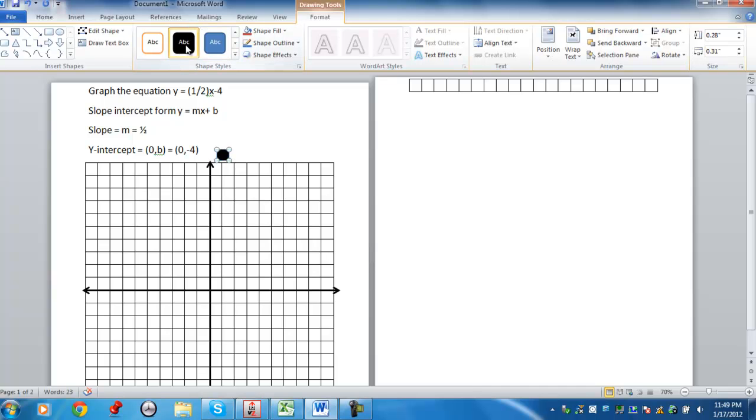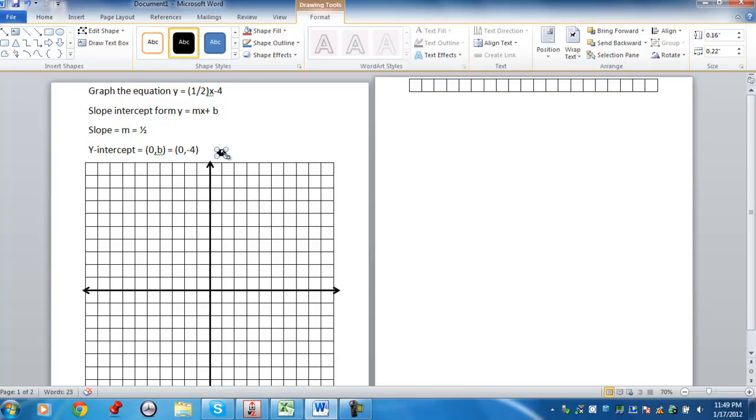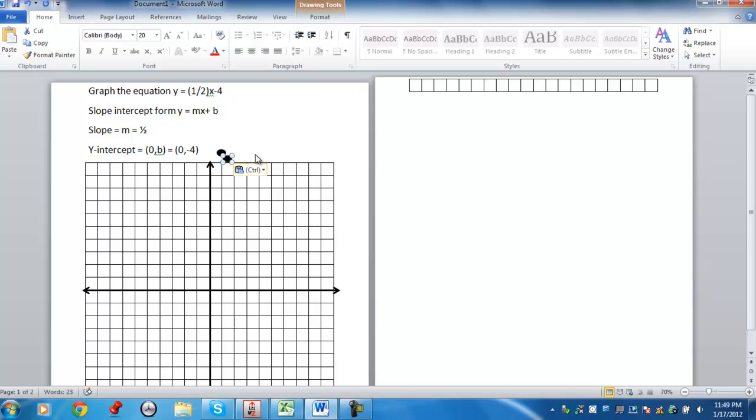Again, I would click on the black button there and make it a traditional color. You can adjust the size to whatever you feel is necessary, bigger, smaller. If you click on it, you see the 4 circles there. If you press Control C to copy it and Control V to paste, you could have a couple points to work with.